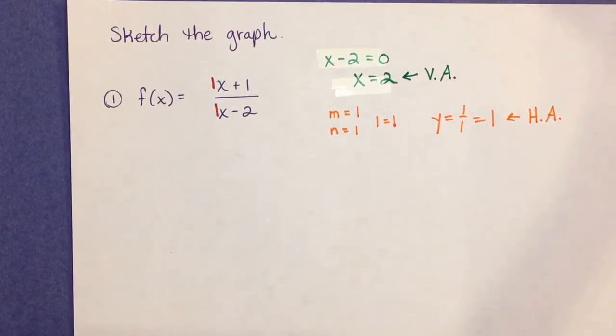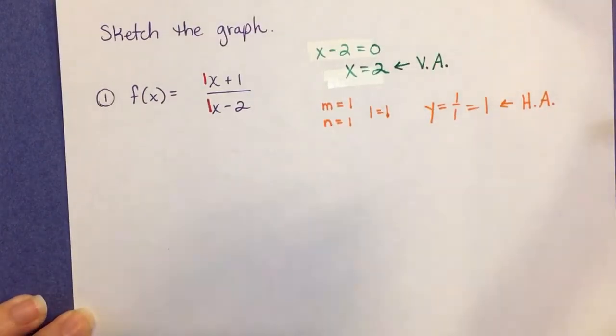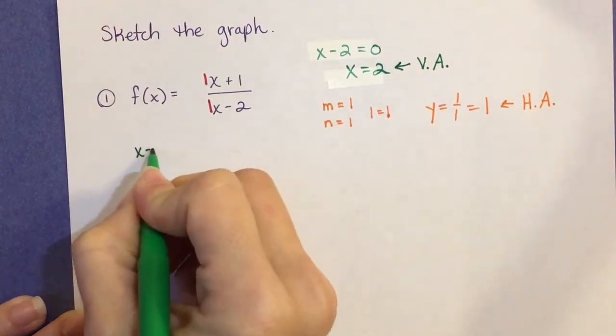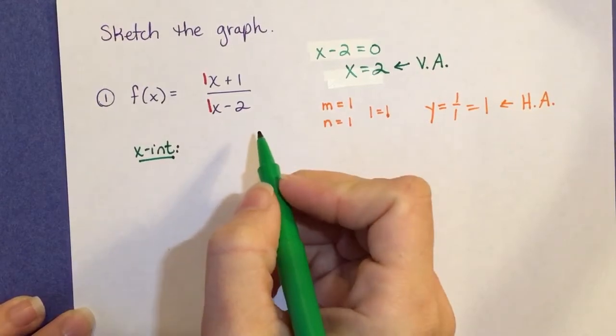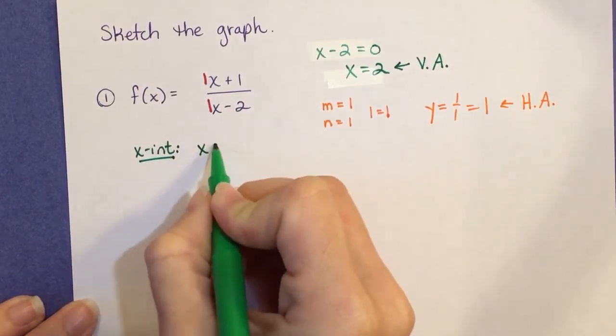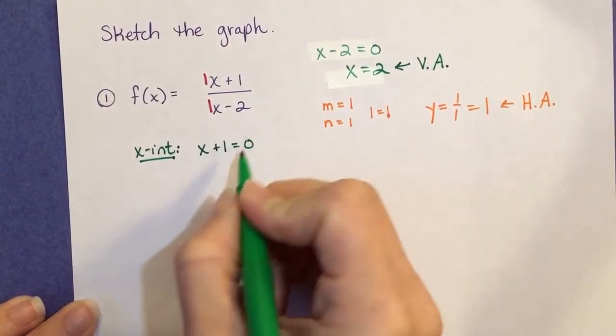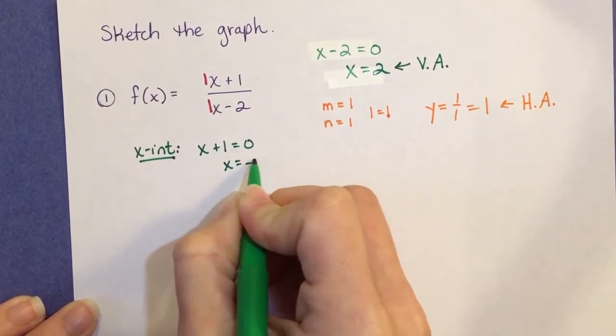Now, you can also find your x and your y-intercepts. Let's do x-intercept real quick. What I told you that you could do with your x-intercept was actually just set your numerator equal to 0. And that's going to give you x equal -1.